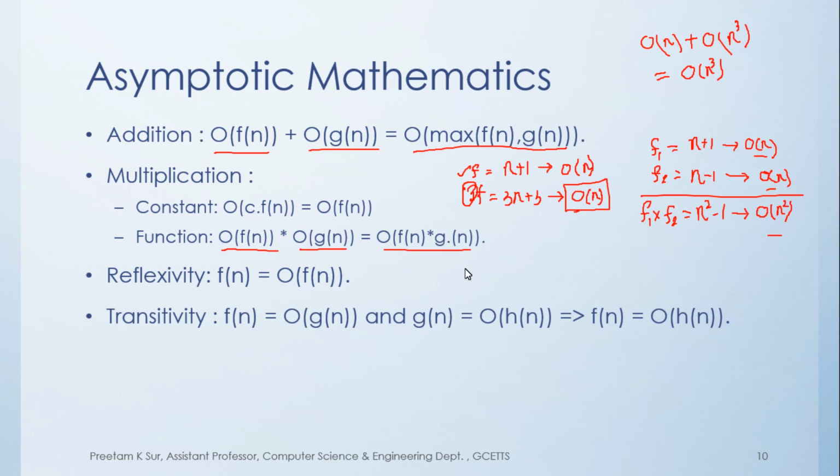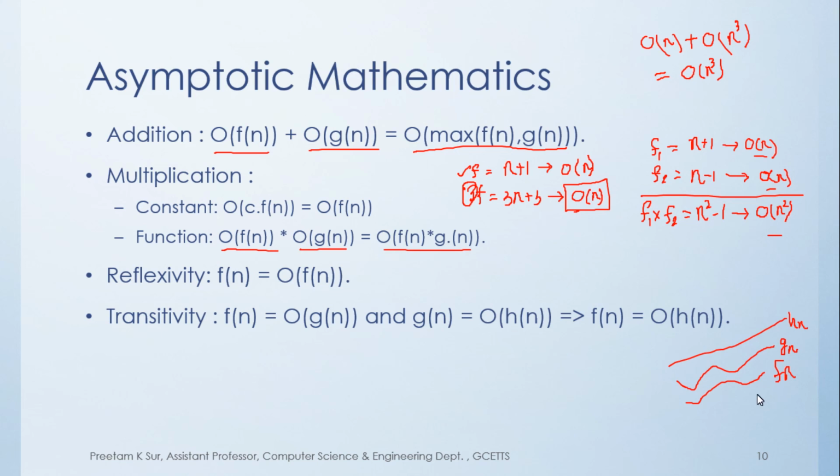Now transitivity, this one is interesting. Suppose f(n) is order of g(n), which means f(n) is upper bounded by another function which we are going to call g(n). If f(n) is order of g(n) and g(n) is order of h(n), so g(n) is again upper bounded by another function h(n), it implies that f(n) is order of h(n).